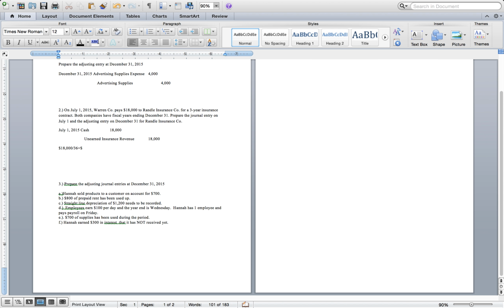This tells me $500 of insurance expires per period. Okay. Now let's see. From July 1st to December 31st, that's 6 months. So again, take that $500 and then multiply it by 6 months. When you do that, I'm going to make an adjustment for $3,000.